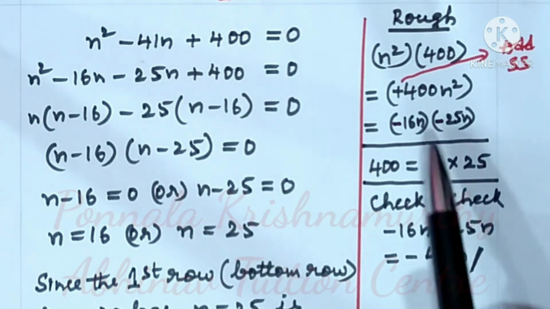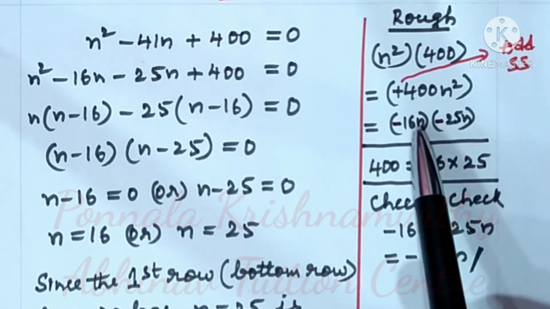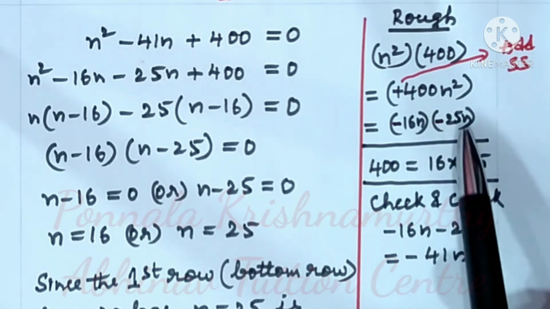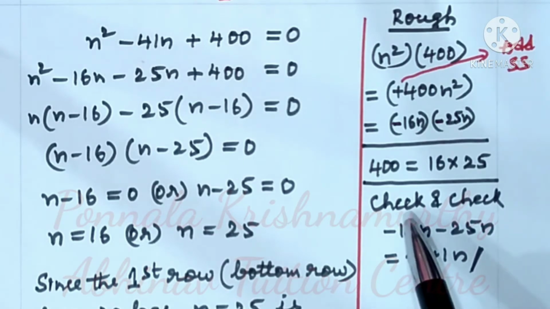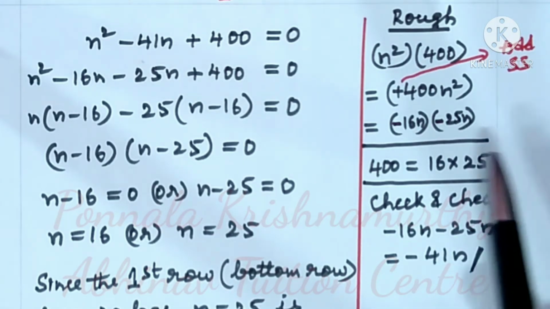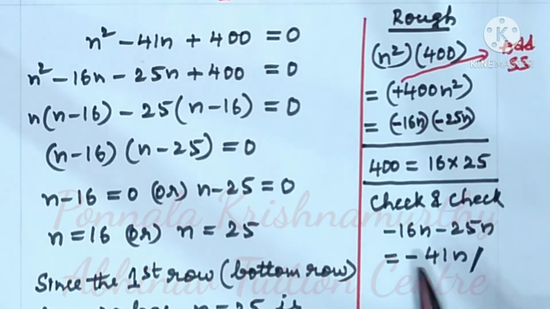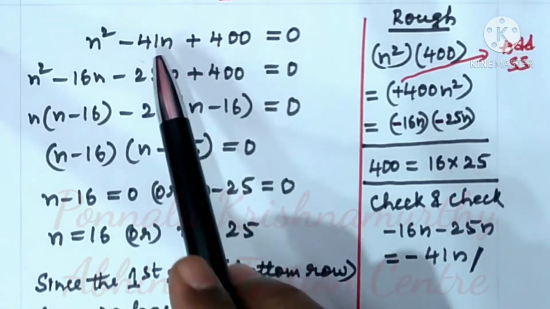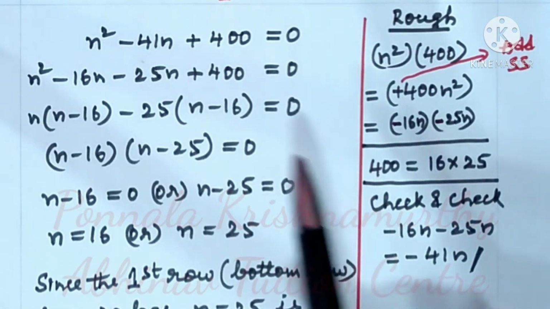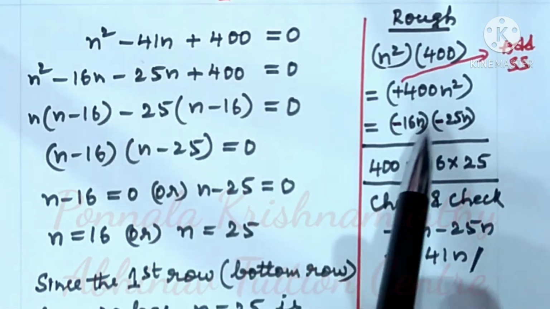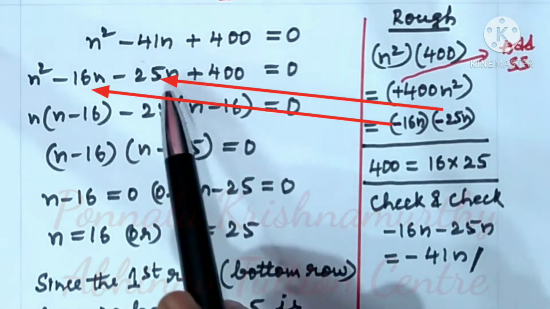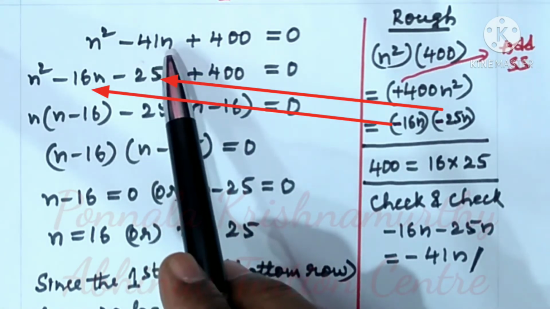Now if we check, minus into minus plus, 16 into 25 is 400, n into n is n square, checked. The second checking is minus 16n minus 25n is equal to minus 41n. We got this. So now we can write minus 16n minus 25n in place of minus 41n.